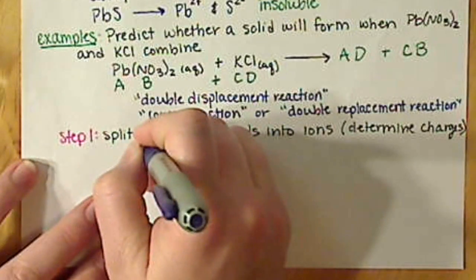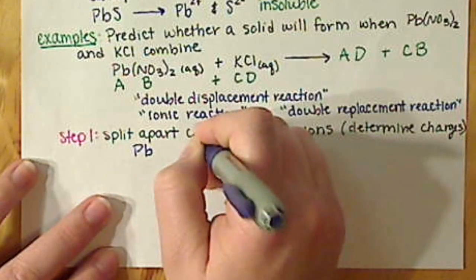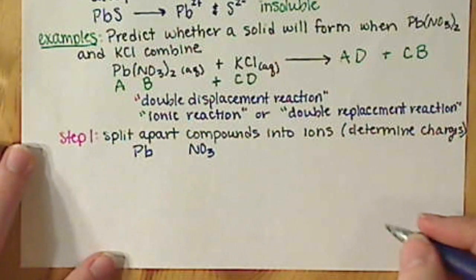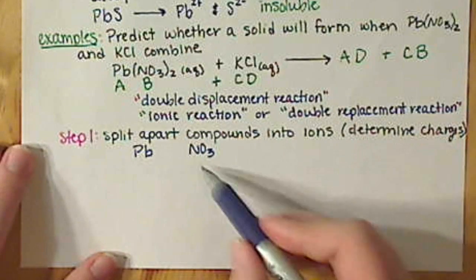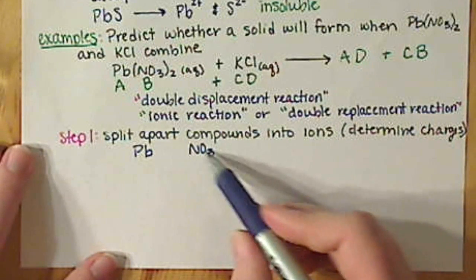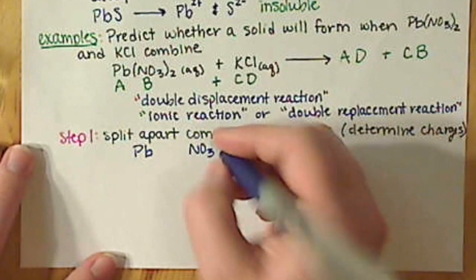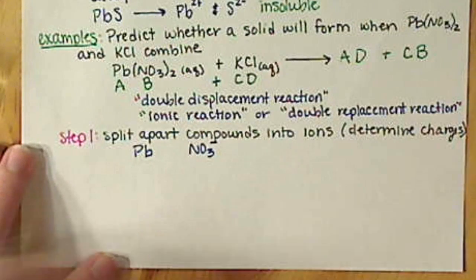So we have Pb and we have NO3, and we want to determine their charges. We have to memorize or know that nitrate has a -1 charge. That stems from chapter 5, talking about the polyatomic ions, and you need to know those that were listed on your pre-lecture worksheet.